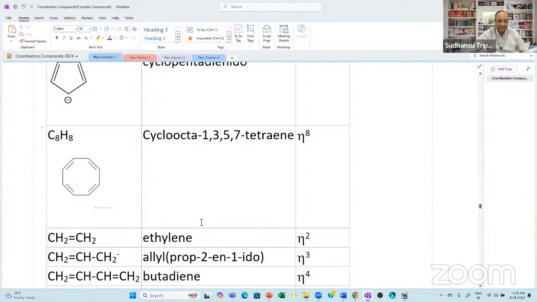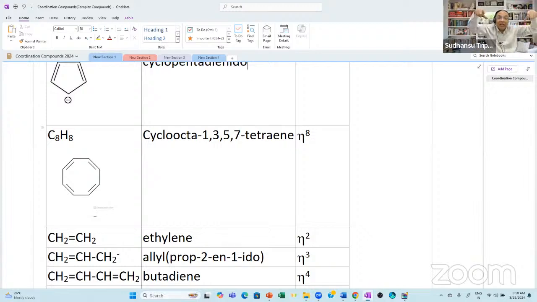And cyclooctatetraene is neither aromatic nor anti-aromatic. Although it looks like anti-aromatic, it is non-aromatic because of its tub-like shape. But it can be octahaptic. All the 8 carbon atoms can be simultaneously bonded, with a very interesting kind of bonding that can be explained by molecular orbital theory later.